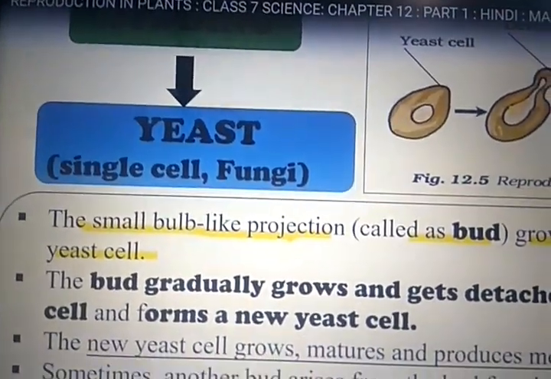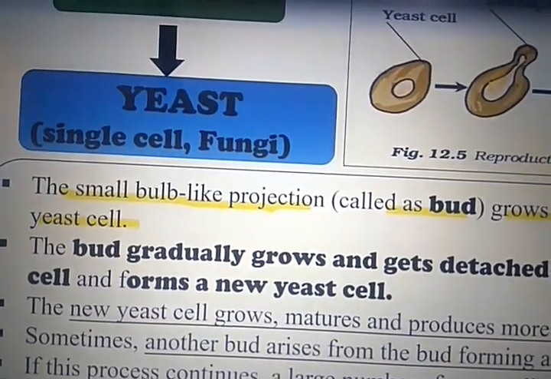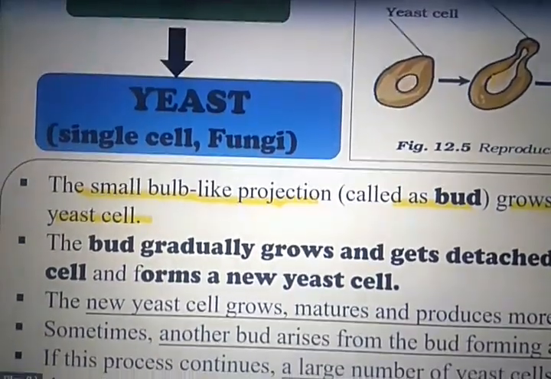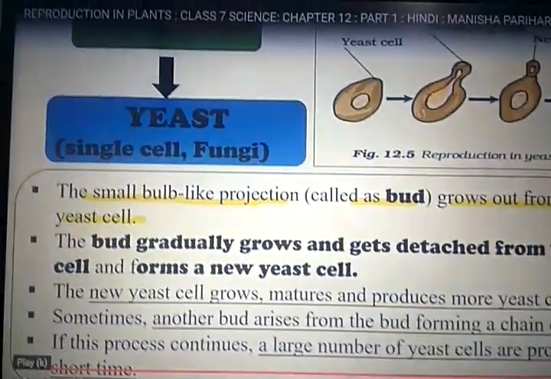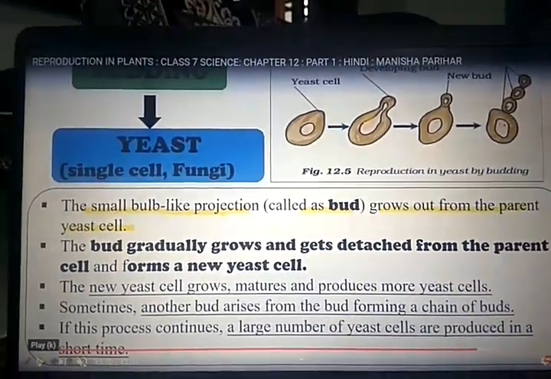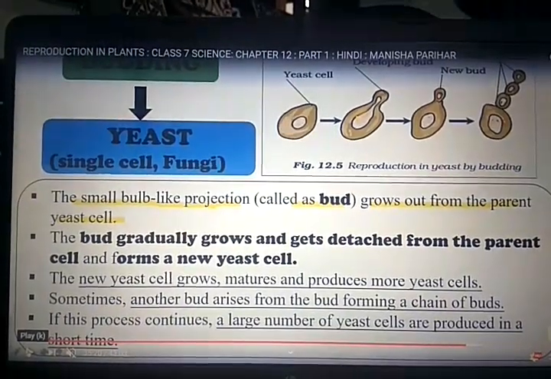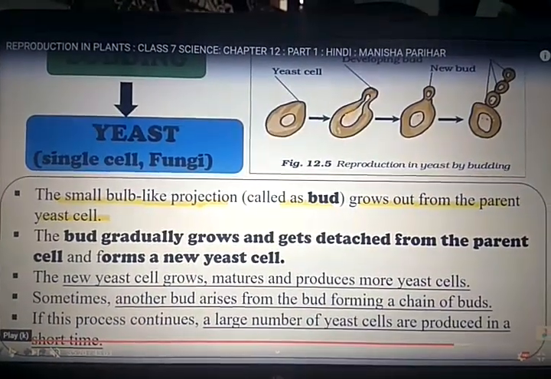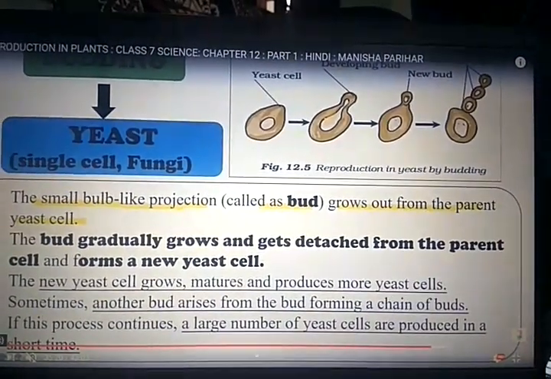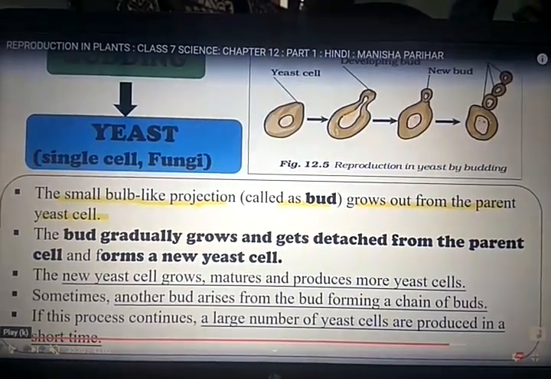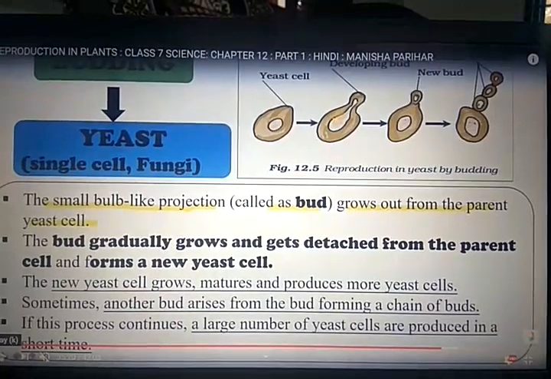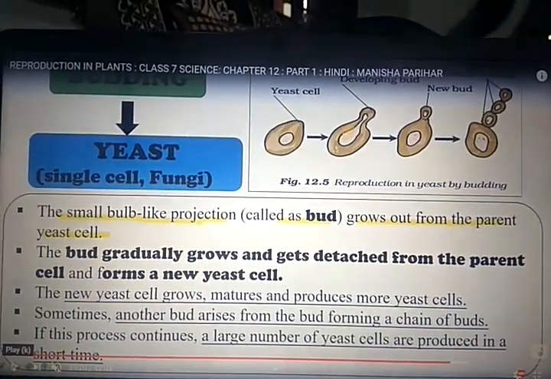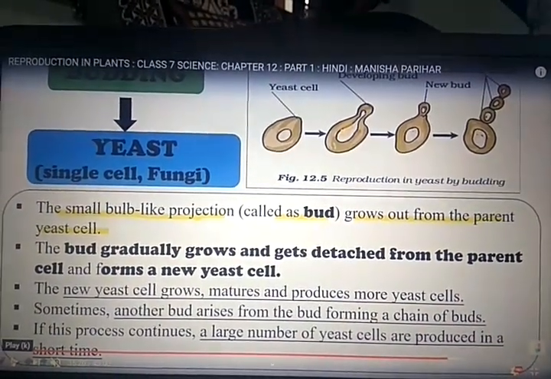Each cell belongs to fungi. The small bulb-like projection called a bud grows out from the parent yeast cell. The bud gradually grows, gets detached from the parent cell and forms a new yeast cell.